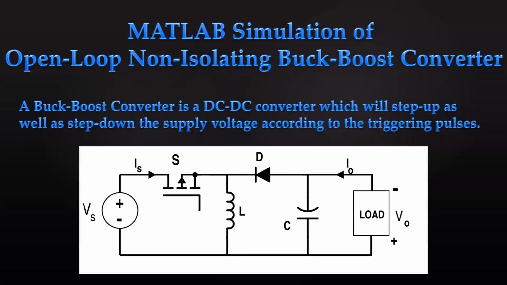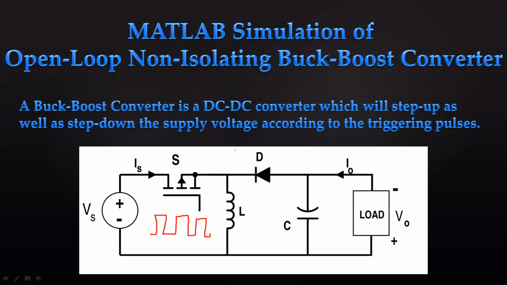So what is a buck boost converter? So as I said, it will step up or step down our input voltage according to the pulses which we are giving to this MOSFET or IGBT or any semiconductor switch, right? So we are using MOSFET and IGBT here instead of SCR, because for SCR we need a separate isolating commutation circuit to turn off that SCR, right?